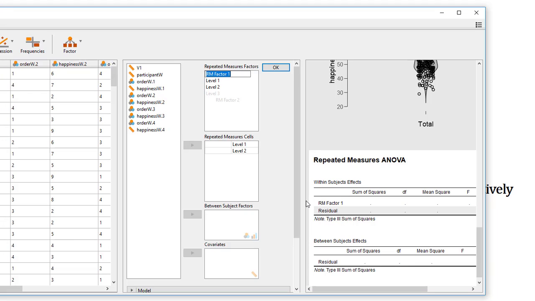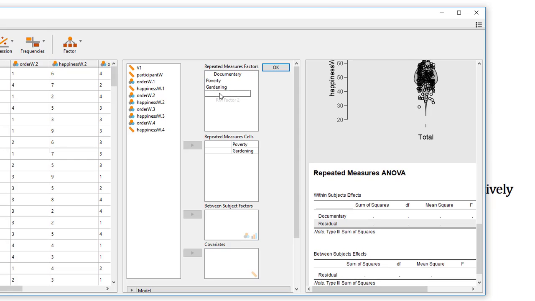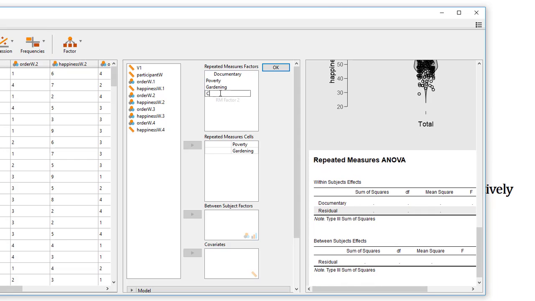Let's call it documentary. We know that we've got four levels: the first level is poverty, level 2 is gardening, level 3 is cooking, and level 4 is success.